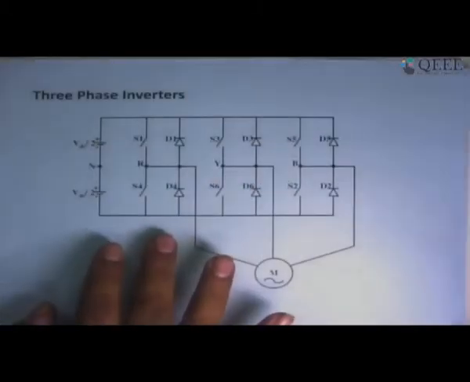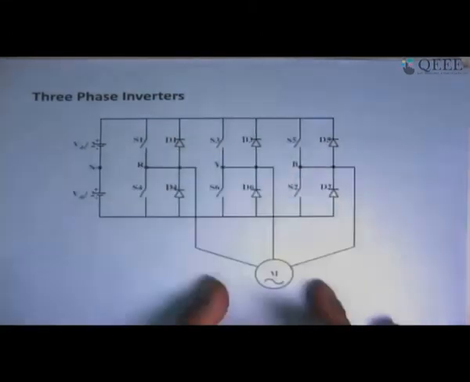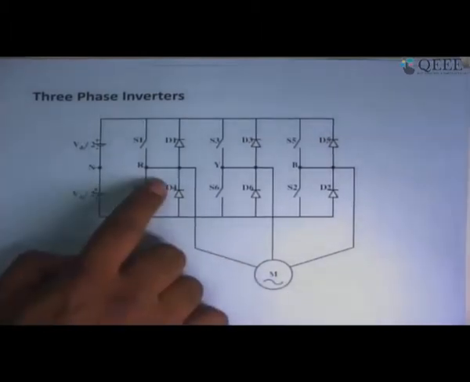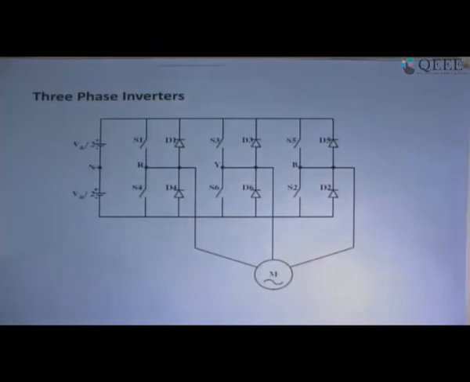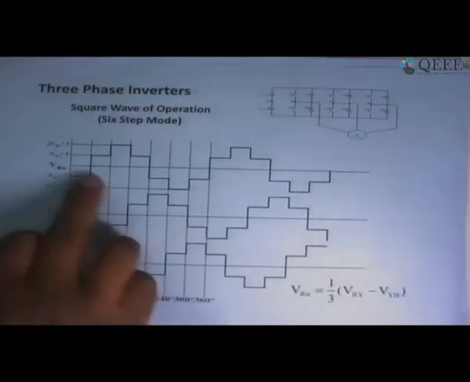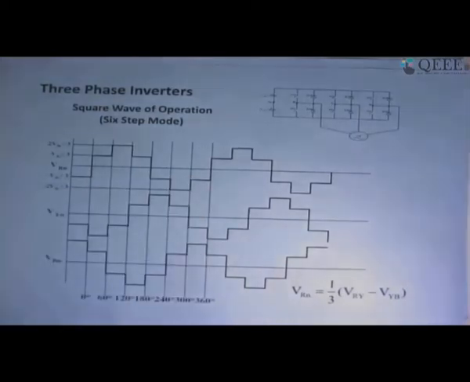In the three-phase half bridge topology, we again started with the maximum output voltage you get across phase to neutral if we apply square wave modulation. The phase to neutral voltages will be of this nature, and you have 6 steps in one cycle of an AC waveform.